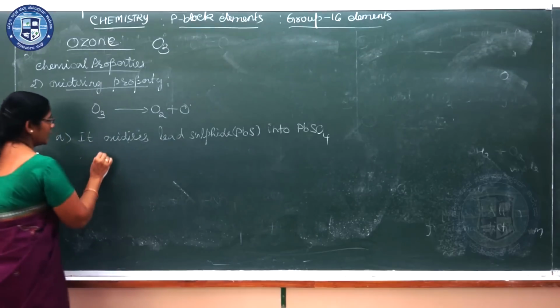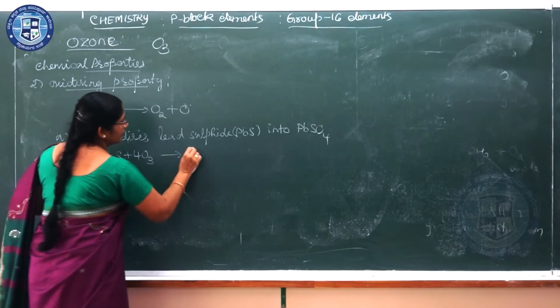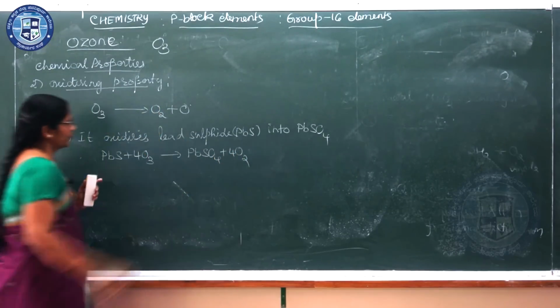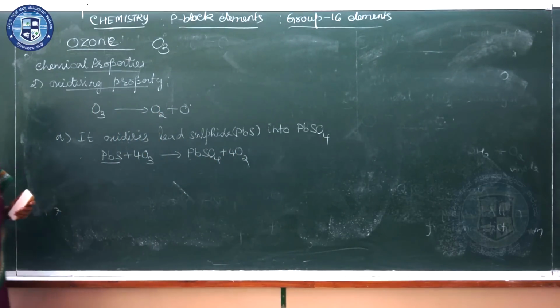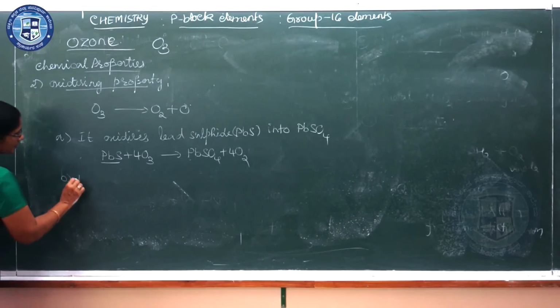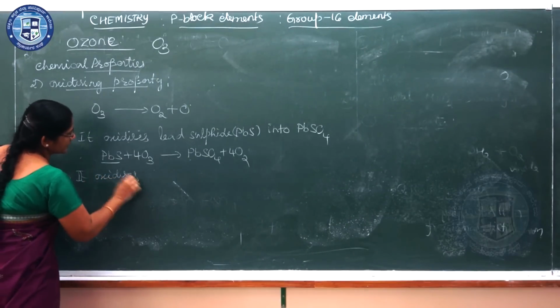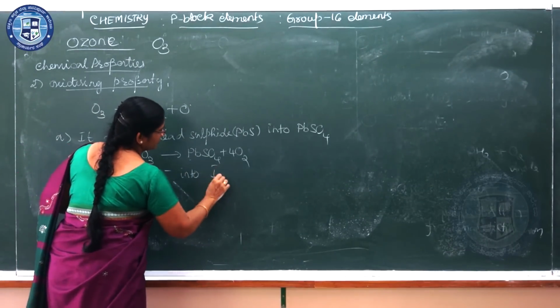For example, PbS plus 4O3 gives PbSO4 plus 4O2. So PbS, which is black in color, is oxidized to white lead sulfate in the presence of ozone. It also oxidizes iodides into iodine.